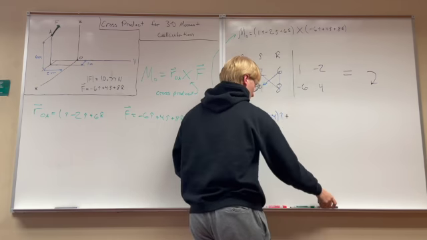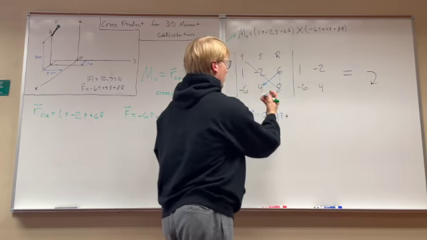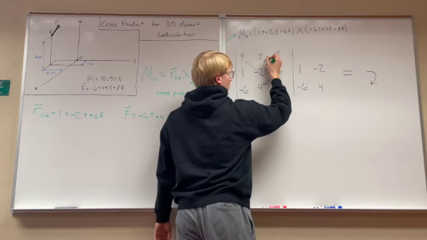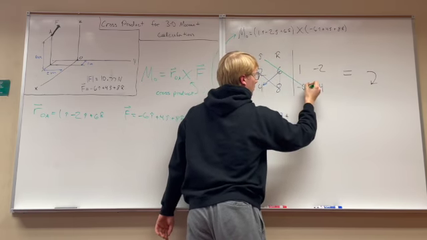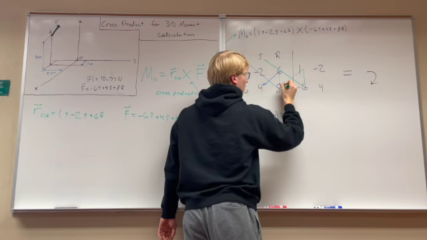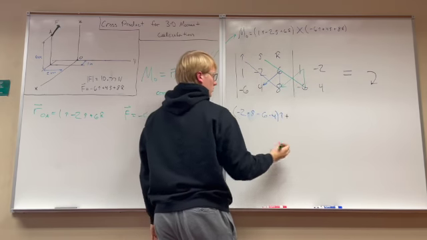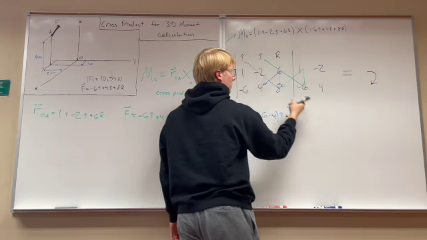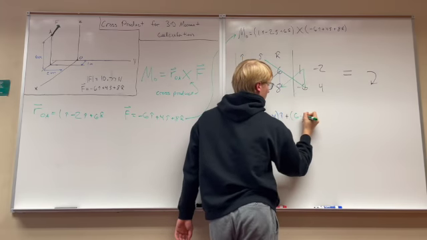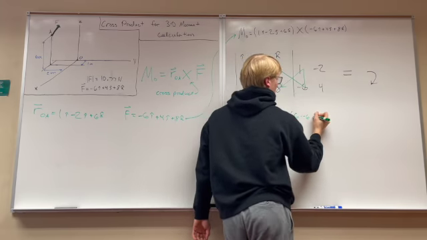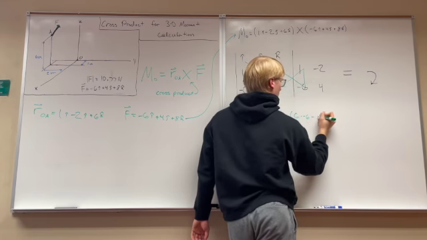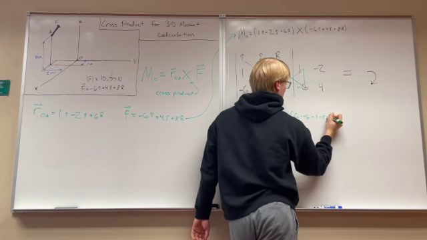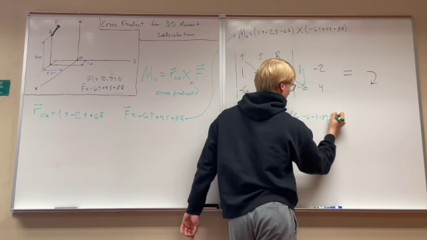You're going to add that to j hat, which is that same shape, but one row over. So that's going to be 6 times -6 minus 1 times 8. That's j hat.